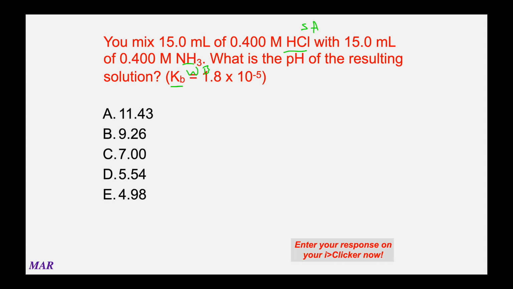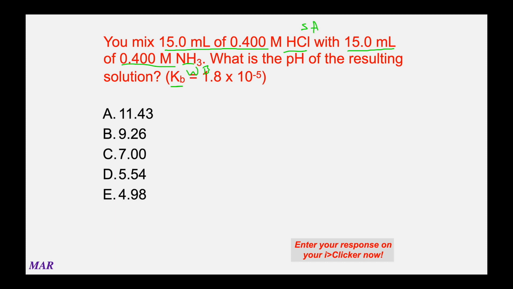Once you know it's a weak base plus strong acid titration, then you have to figure out which region you're in, and the regions are just based on moles. If the moles of ammonia and HCl are equal, it's equivalence. If it's under, then it's pre-equivalence, etc. You can probably see that in this question, the volume and the concentration for the strong acid are equal to the volume and concentration of your weak base.